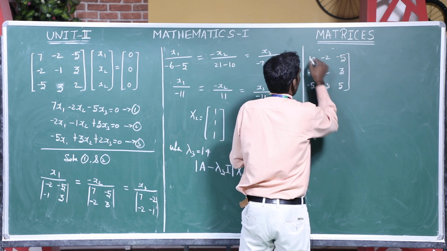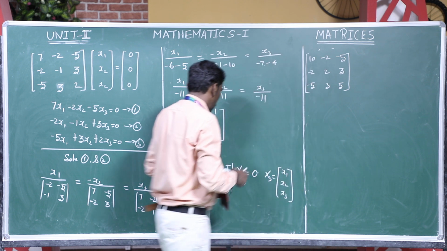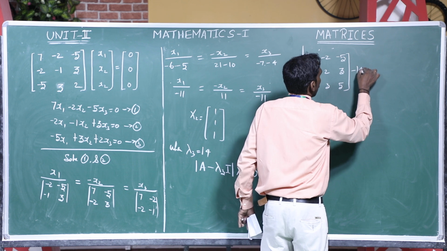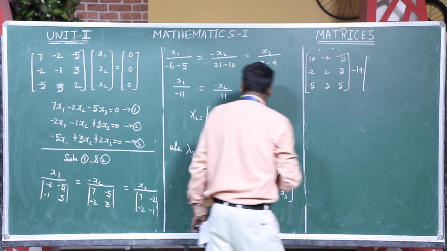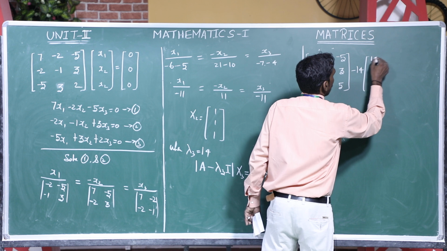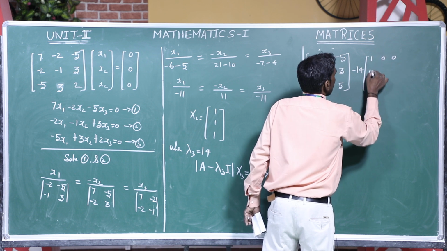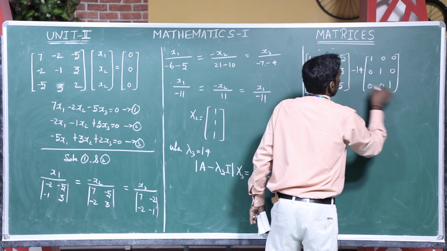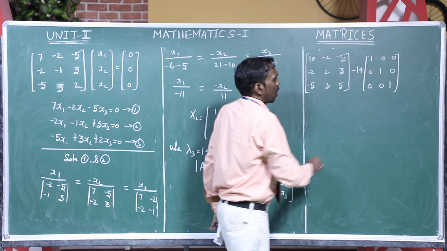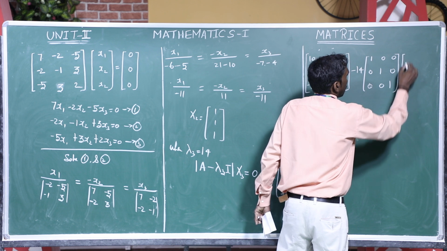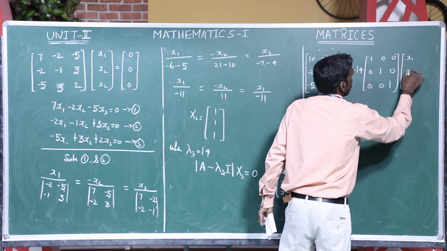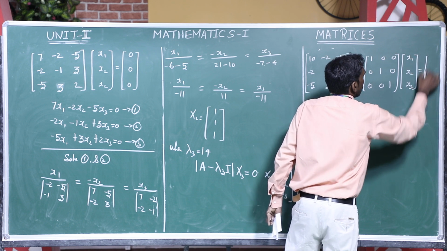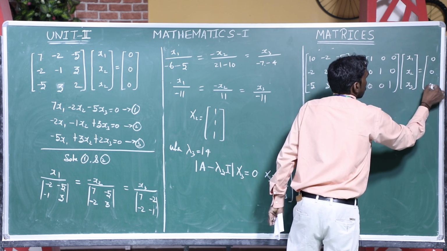So this is our A. The next, minus lambda 3, whatever lambda 3 will be, 14. So this will be I. What is I? I is a unit matrix, therefore 1 0 0, 0 1 0, then 0 0 1. So this is A minus lambda 3 I, times capital X3. What about capital X3 here? Small x1, small x2, small x3 equal to the 0 matrix.